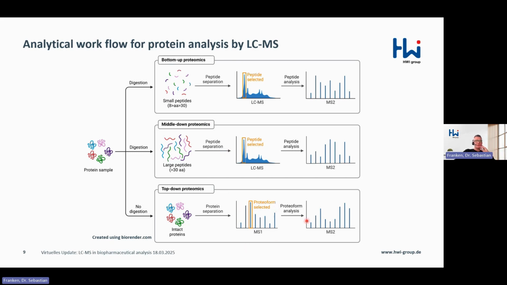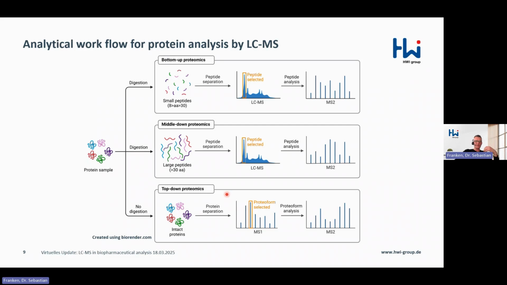And then we have a third mode where we do not digest at all. So we analyze the intact proteins, and if the protein is very pure, we can directly infuse it into the mass spectrometer. But in most of the cases, we also use LC to separate the proteins. And the advantage of LC, of course, is also that we can easily automate this.